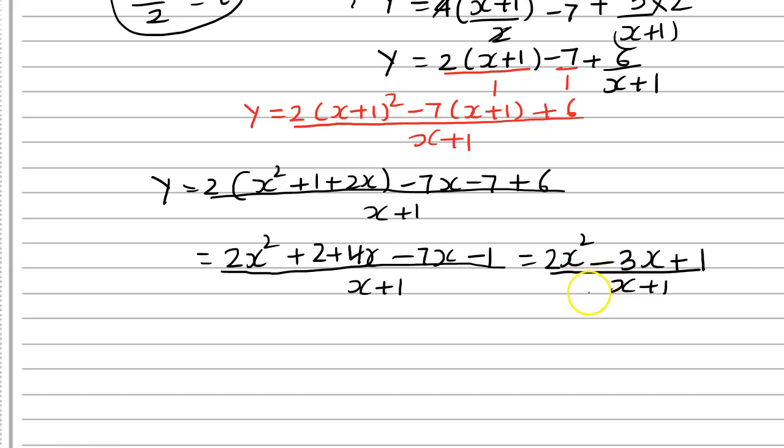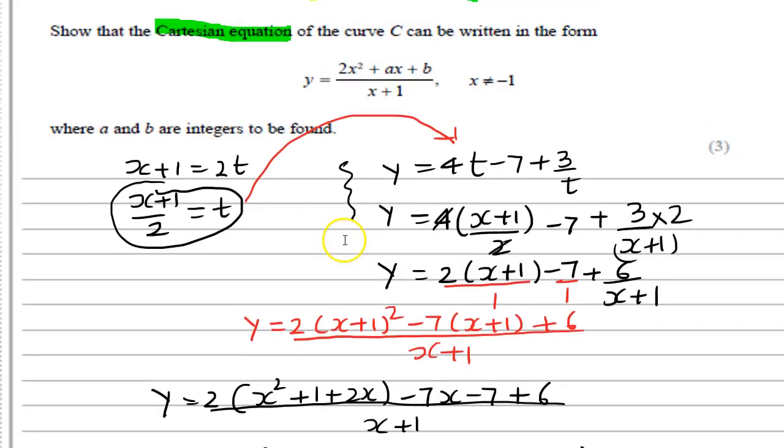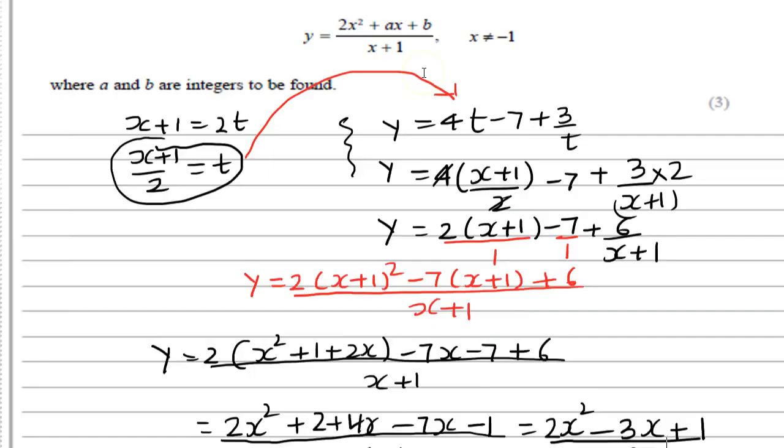Now they are saying you need to find the value of a and b. The question says a and b are integers to be found. So if you compare, whatever is with x, that is a, and b is the lone term in the numerator.